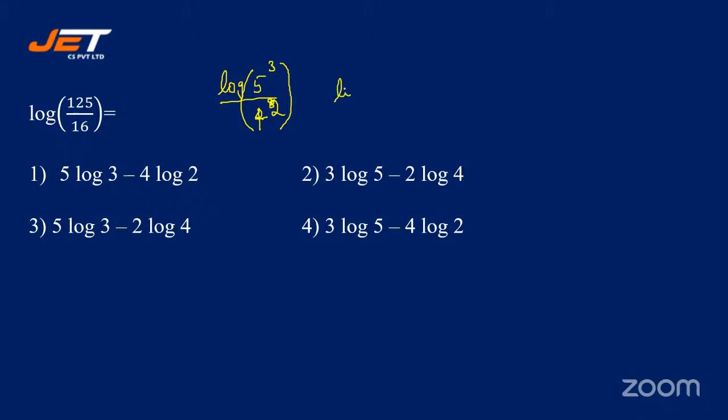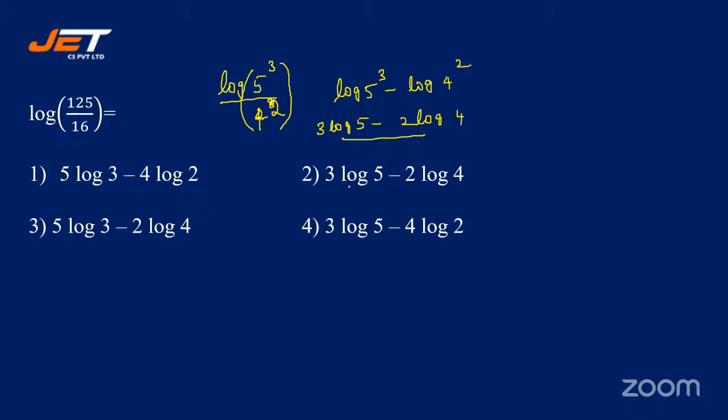So you can write it as log 5 cube minus log 4 square, whereby you can write it as 3 log 5 minus 2 log 4.